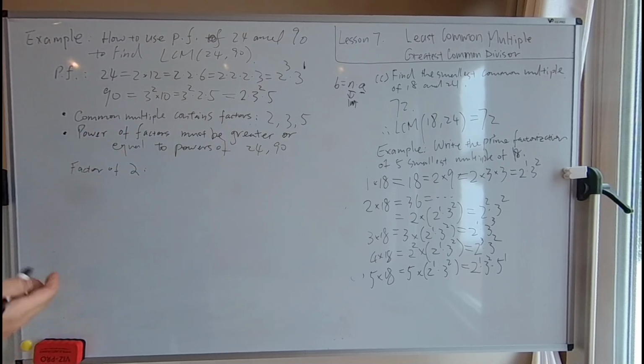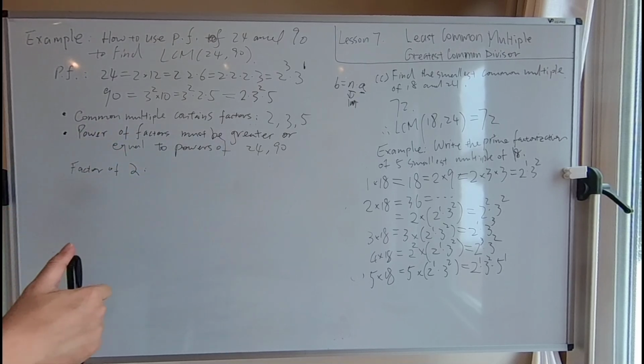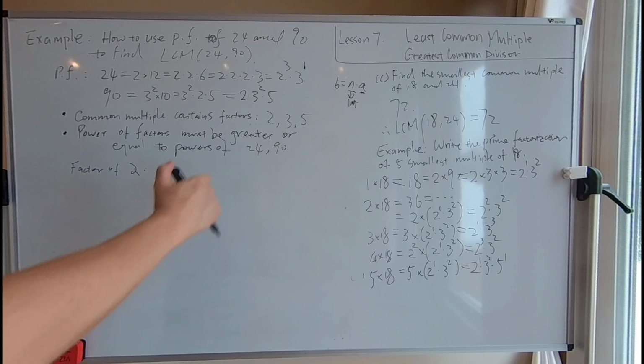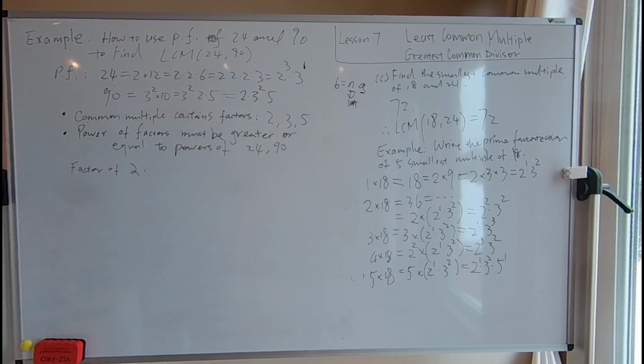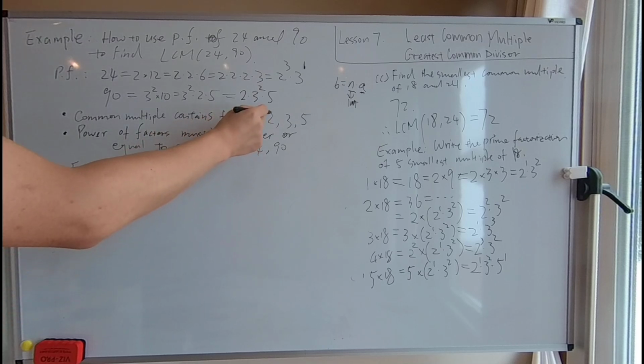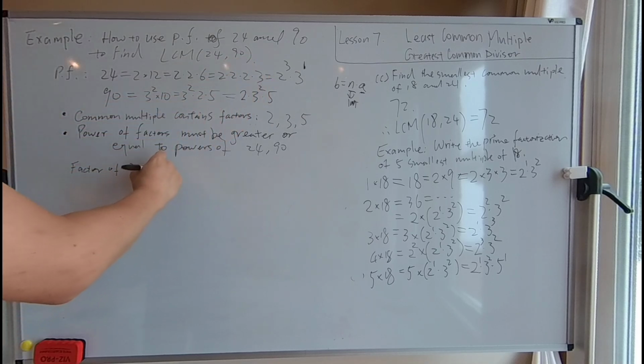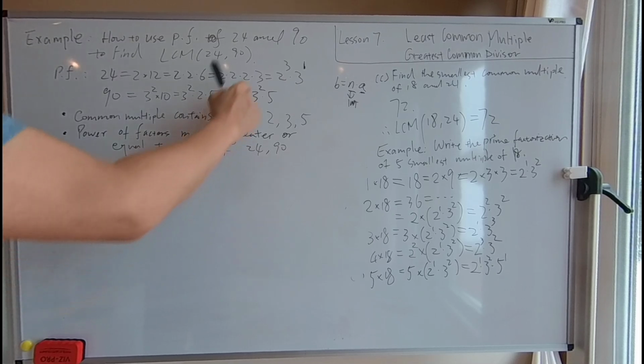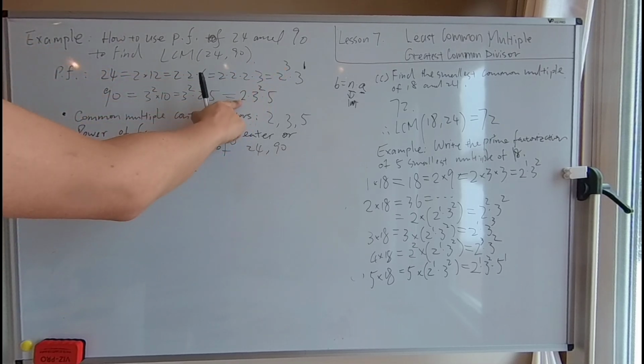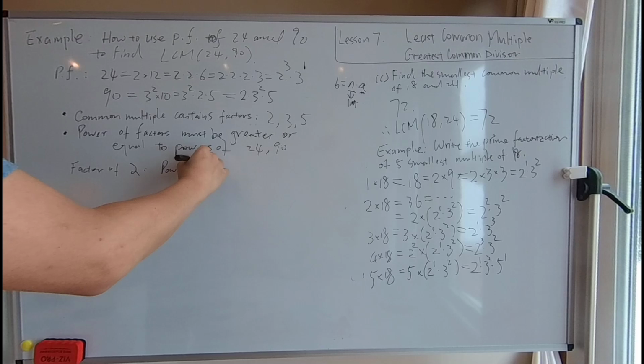My least common multiple must contain a factor of 2, and the power of this factor should be at least the power in both 24 and 90. So the power is the maximum of these two existing powers.